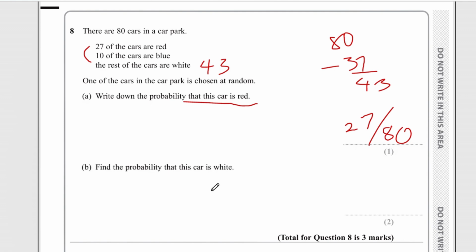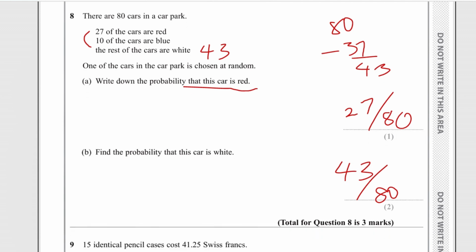Then find the probability that this car is white. How many white cars do we have there? We got 43, so take the 43 over the total. 43 over 80 will give you the probability of getting a white car. So probability is always very simple. Take the amount you're considering over the total you're looking at, and that gives you the answer.